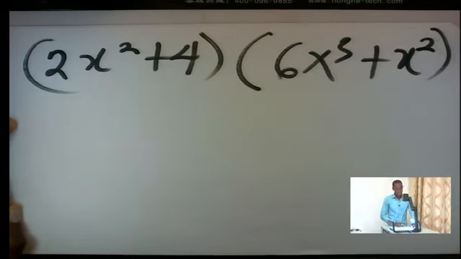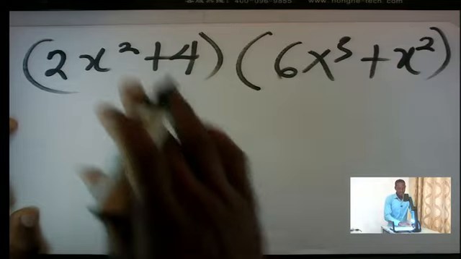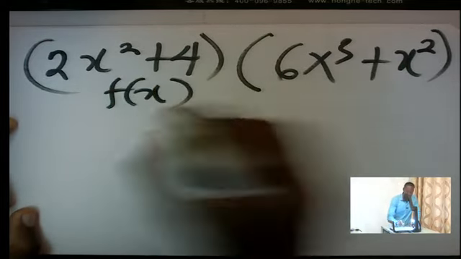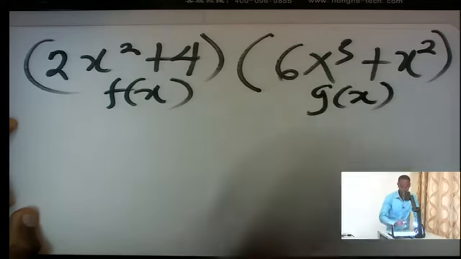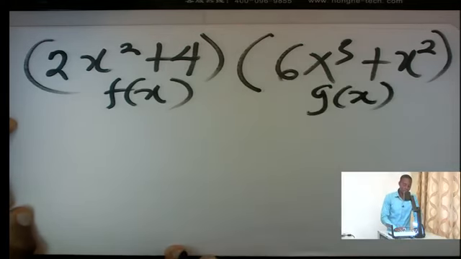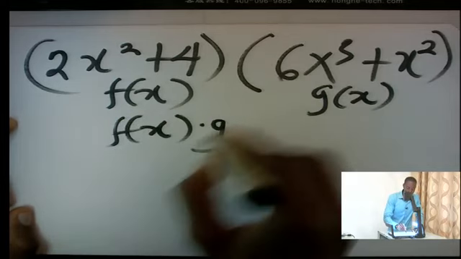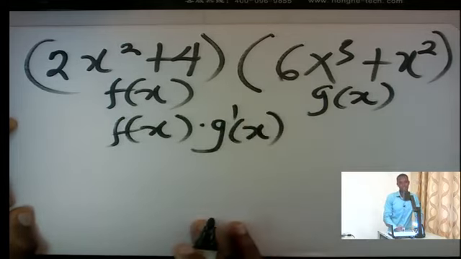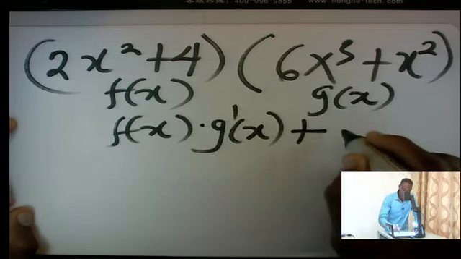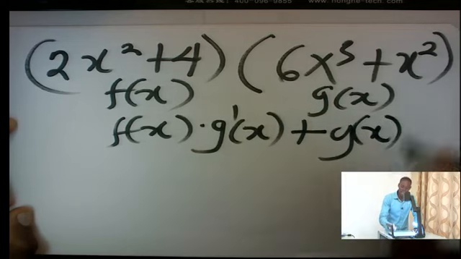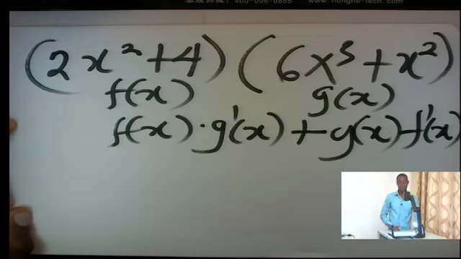Let me call the first my f of x and the second my g of x. The rule says take f of x as it is, multiply it by the derivative of g of x, then add it to, this time do the reverse, keep g of x as it is and multiply it by the derivative of f of x.